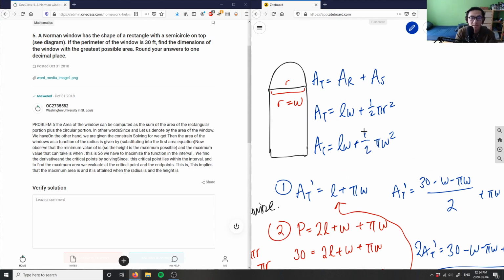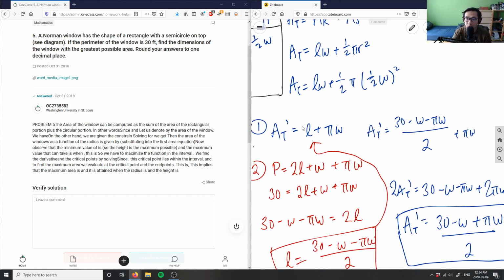LW plus half pi w squared would not be correct because the radius is not this guy here. The radius of the circle is from here to here, right? So this here is my r, which is half of my width. So I can say this is half of my width squared. This is a much better algebraic expression, which means unfortunately I did my derivative wrong.